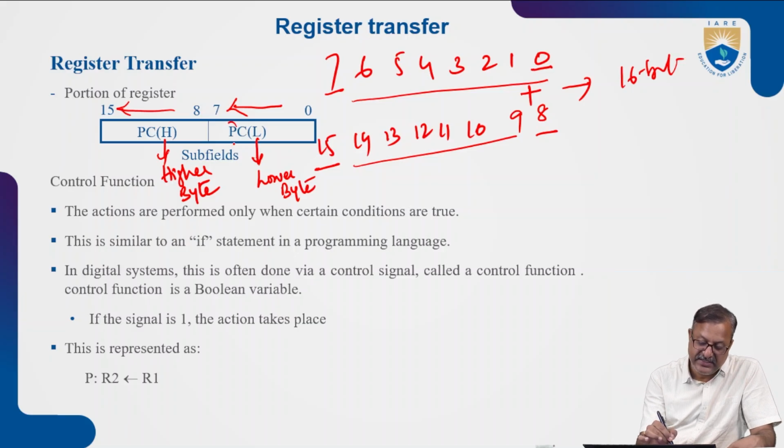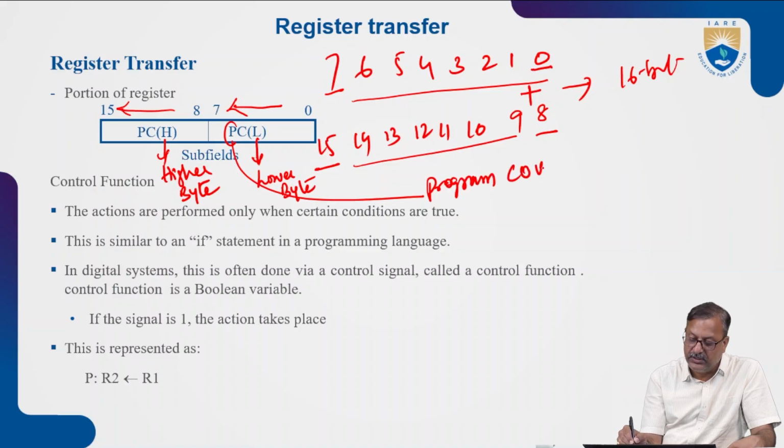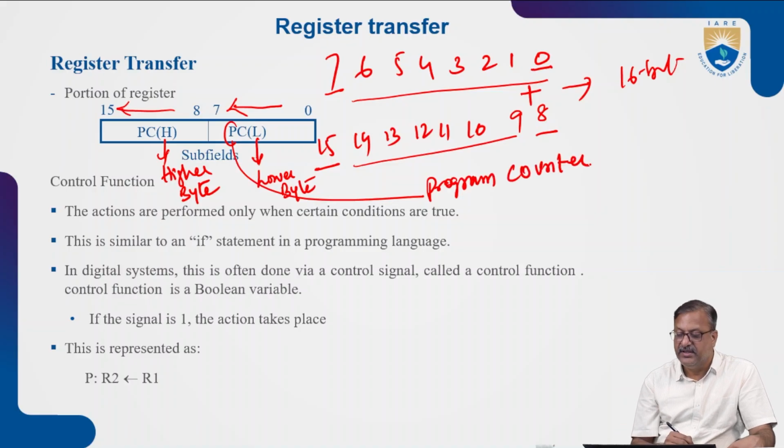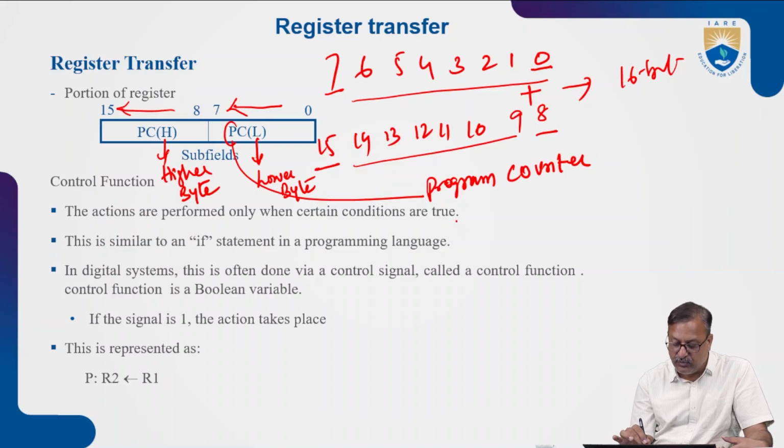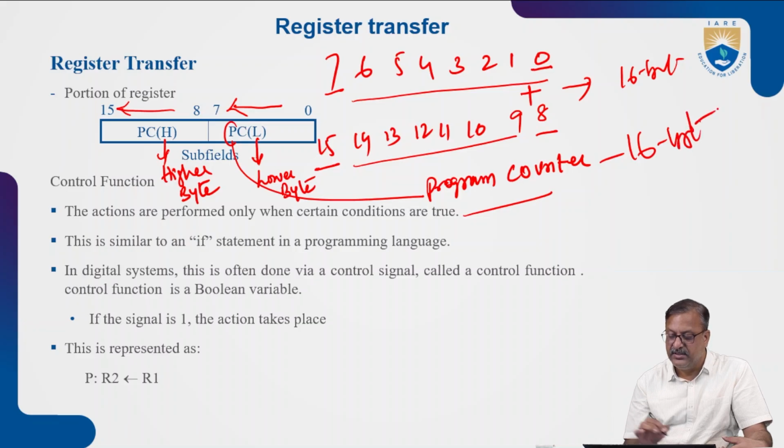Now, here the subfields are indicated. What does PC stand for? PC stands for program counter. A program counter is always a 16-bit register. A 16-bit register, we are defining it as a program counter.